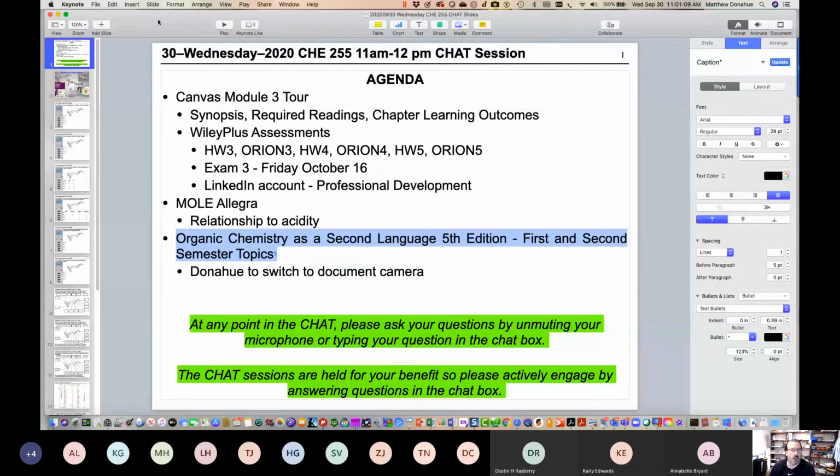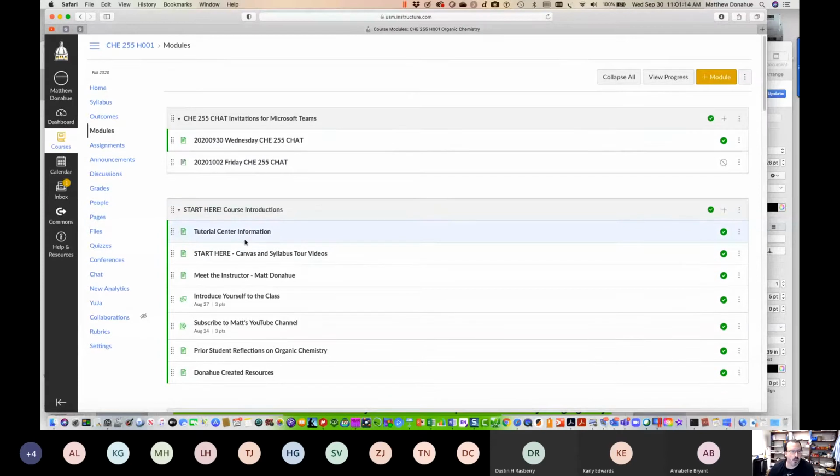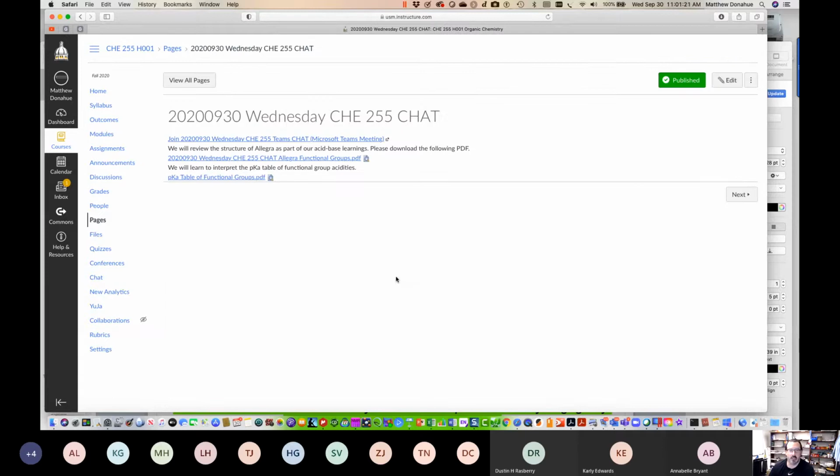So let me just show you briefly in Canvas. Presumably you clicked on this link here to get into today's chat. There are 2 PDFs that if you could go ahead and download, we'll be using in today's chat.